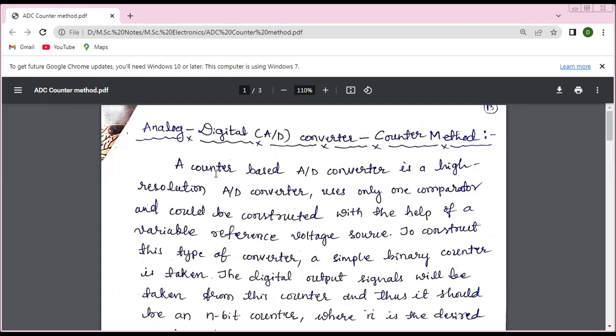So this counter-based analog to digital converter is a high-resolution converter, uses only one comparator and could be constructed with the help of a variable reference voltage source. All these things you will understand when I explain the circuit.